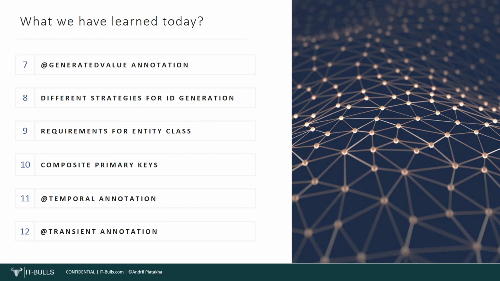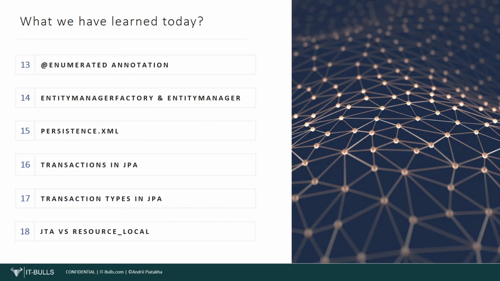We learned how to work with composite primary keys. You saw why we need and how to use the Temporal annotation. I explained how to avoid persisting some fields with the Transient annotation. We reviewed how to configure persistence of enum types, and we learned the Enumerated annotation.